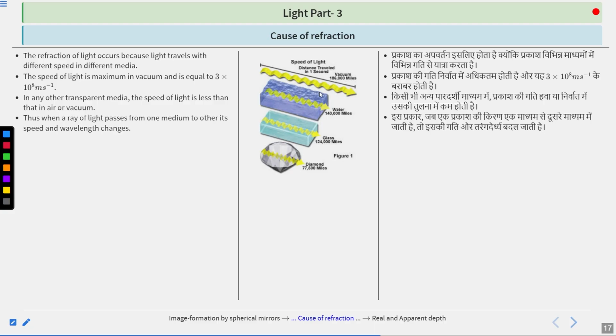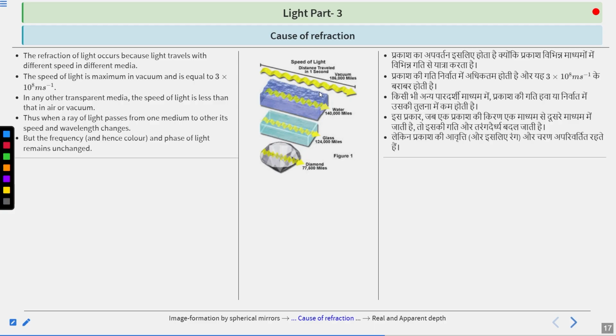Thus, when a ray of light passes from one medium to another, its speed and wavelength change, but the frequency and the color and phase of light remain unchanged. So the sole cause of refraction is that light travels with different speeds in different media. Its speed changes as it travels through different mediums. So that's why refraction happens.